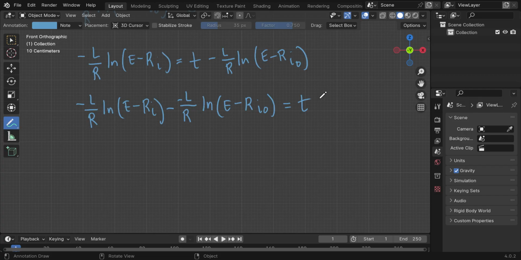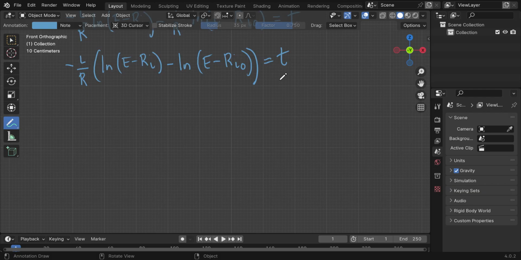Did I get all that right? I believe so. So now we can do some factoring here, and what I'm going to factor out is just the negative L over R. So we have negative L over R times ln E minus R I minus ln E minus R I0 equals t.